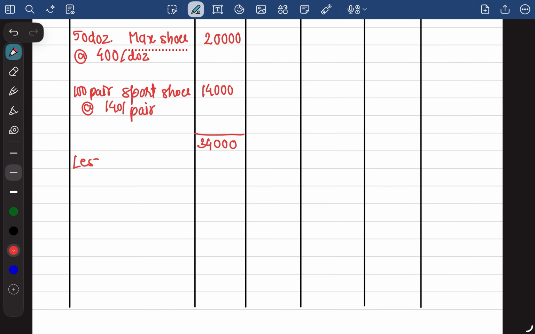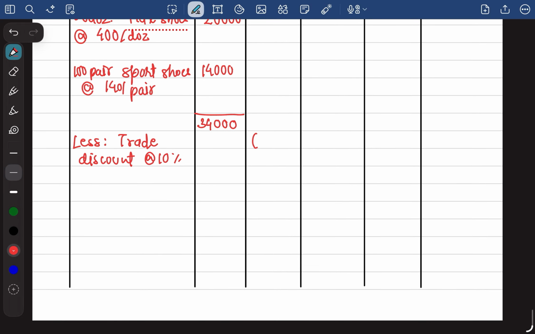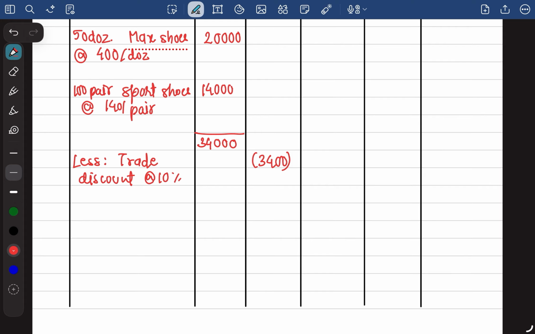Now less trade discount at the rate of 10%. Our trade discount will be 3,400 rupees. Now I minus 3,400, so my net amount is 30,600 rupees.